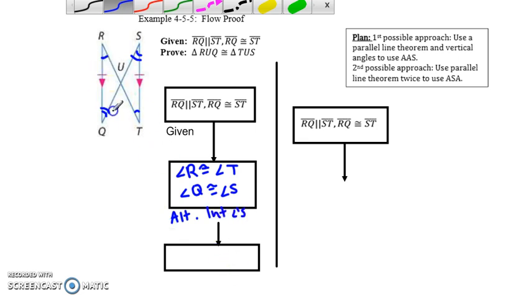So now we've got our angle, side, and our angle. And we can show that triangle RUQ is congruent to triangle TUS, what we're trying to prove. All right, so we're going to do a similar thing, but now we're going to get angle, side, angle in our second approach.